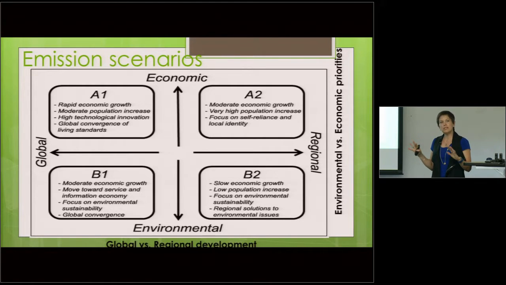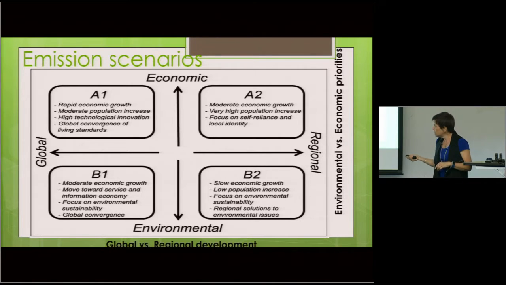We start with the basic 4 scenarios. And they kind of go by, we have the A's and B's. So A's are more where the world has economic priorities. The B's are more where we have environmental priorities.